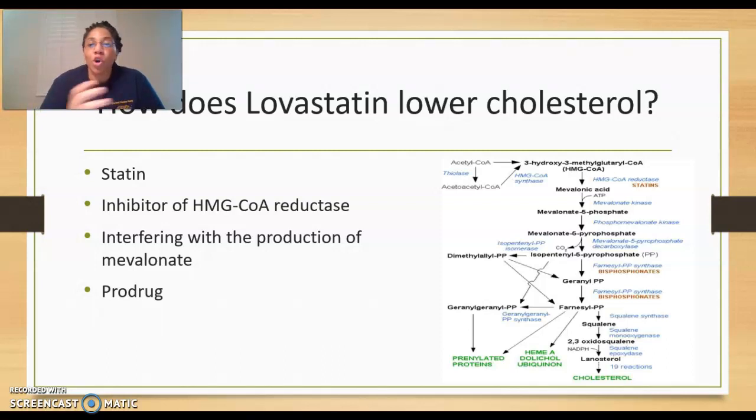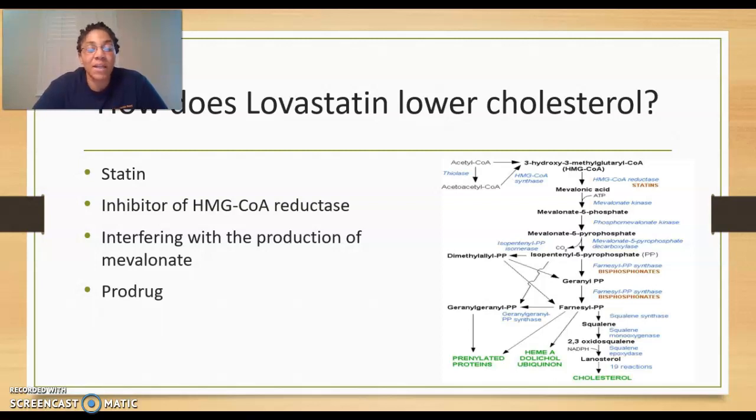As I stated earlier when we talked about cholesterol synthesis, the key control point is HMG-CoA reductase. What lovastatin does is it inhibits that HMG-CoA reductase, which interferes with the production of mevalonate. If it interferes with the production of mevalonate, then cholesterol cannot be synthesized, which means that overall your cholesterol is going to be lowered.